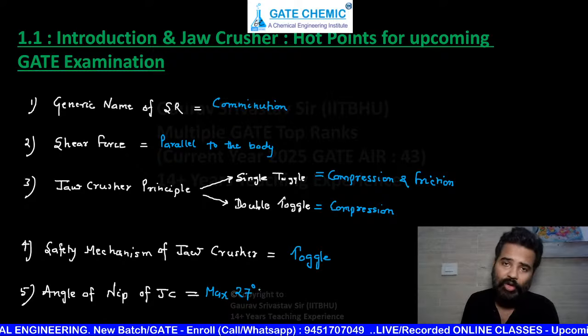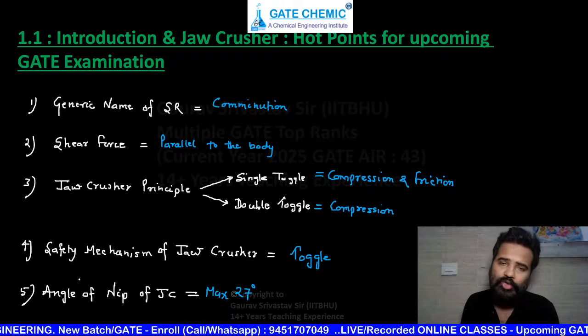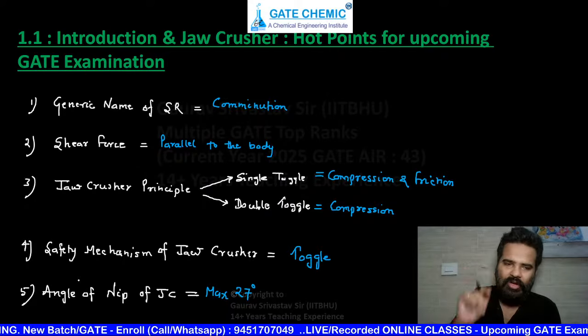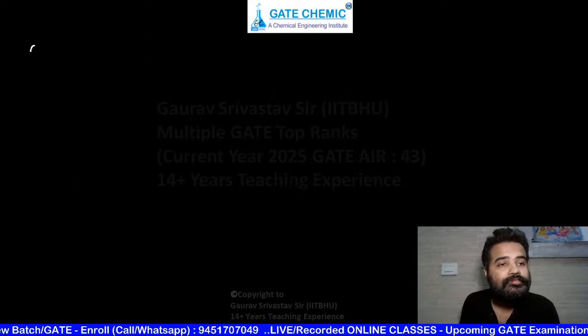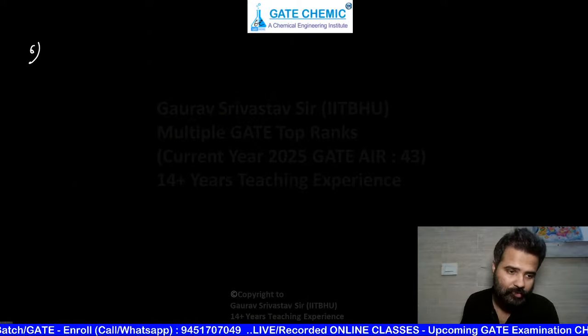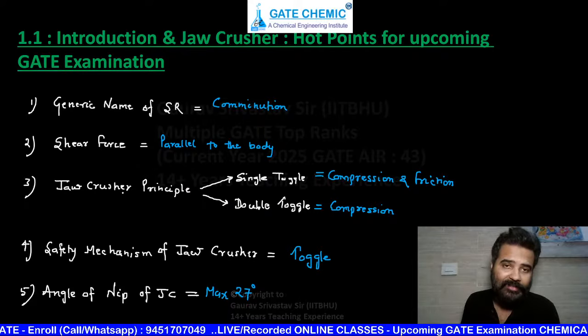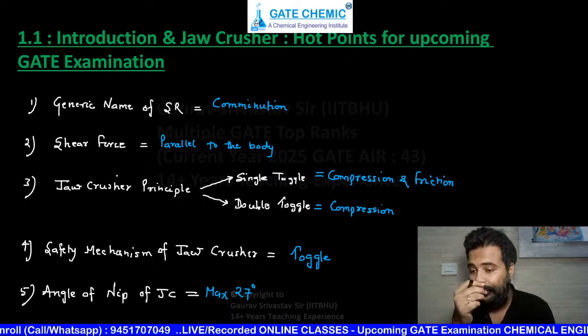This value you have to remember, max 27 degree or nearby 27 degree: 22, 24, 25, 26, 27. So just write in your notebook only one value. Okay, max 27 degree. These 5 points, I hope everyone is crystal clear. Can we proceed towards the next slide? Is there no doubt for anyone?